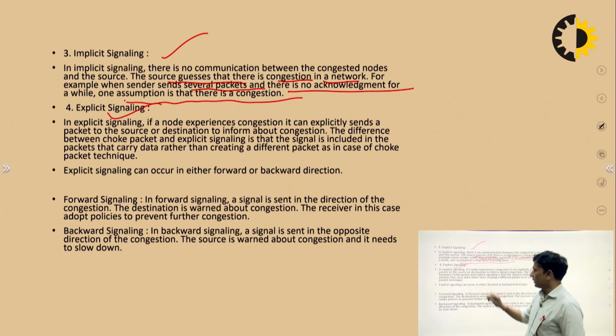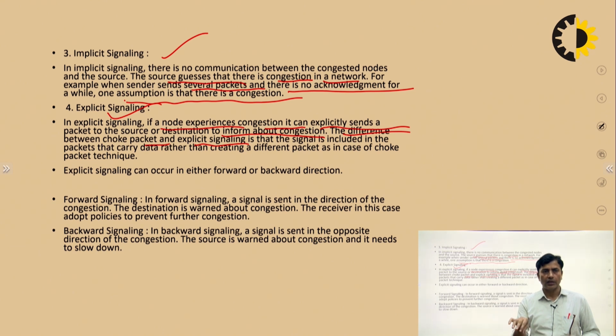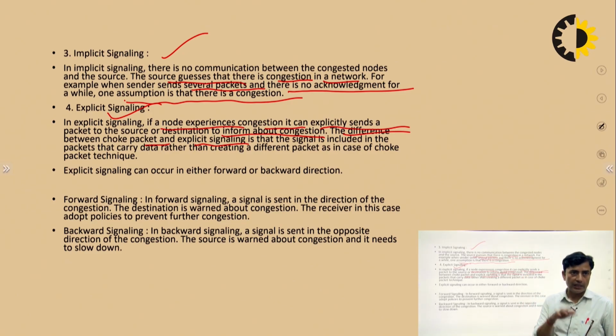Fourth is explicit signaling. Explicit means some external signal has to be established. So in explicit signaling, if a node experiences congestion, it can explicitly send a packet to the source or destination to inform about congestion. The difference between the choke packet and explicit signaling: the choke packet is also the same kind of thing, that is, when a particular node feels congestion, it propagates a control signal known as a choke packet to the source to slow down, to give the feedback that please slow down your traffic, reduce your traffic.